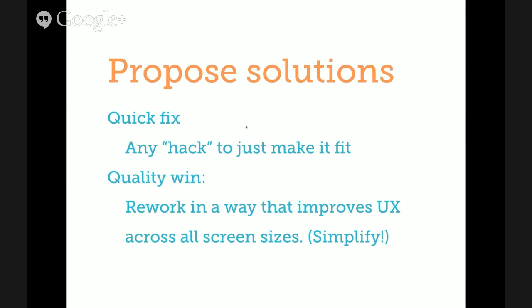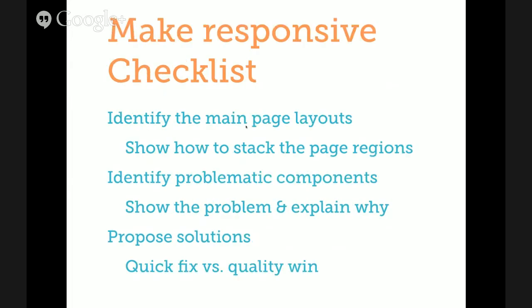And the quality win is to rework that page component in a way that improves the user experience across all screen sizes. So basically, you can use this as a way to simplify the desktop version. Fix it upstream so that it is simplified or improved across the whole gamut of screen sizes. So there you have it.